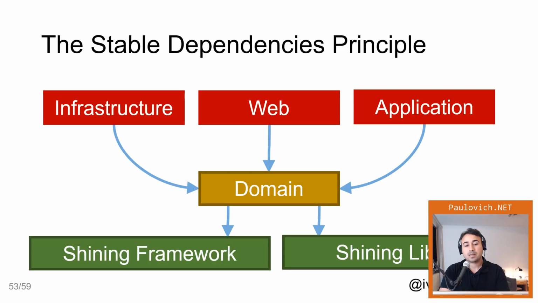And what happens next with your infrastructure, web, and application is that they now do not trust a stable component. They now trust an unstable component, and everything starts to be a mess.